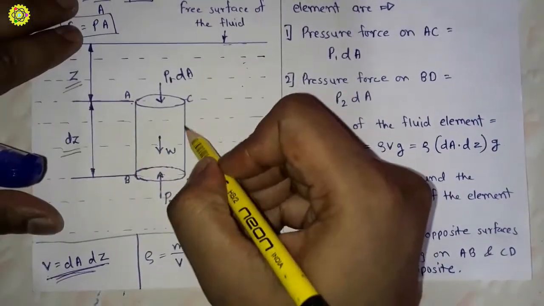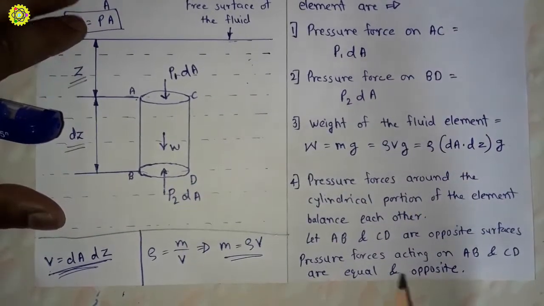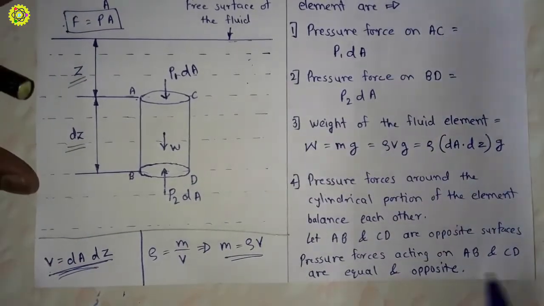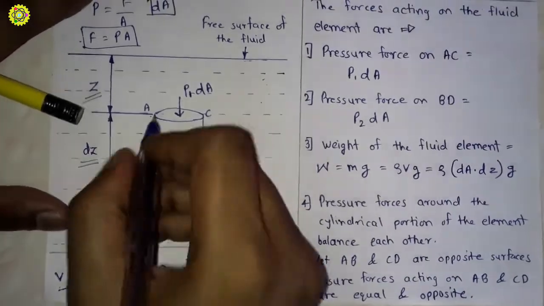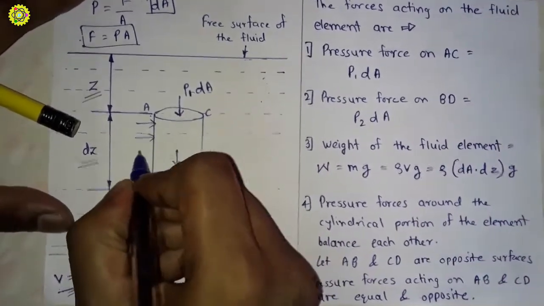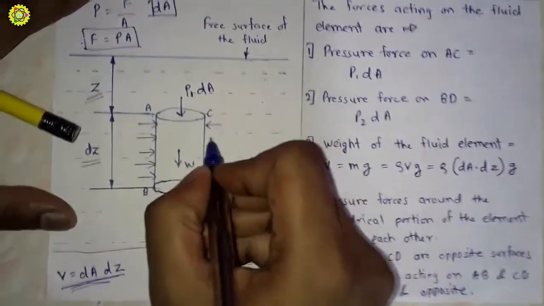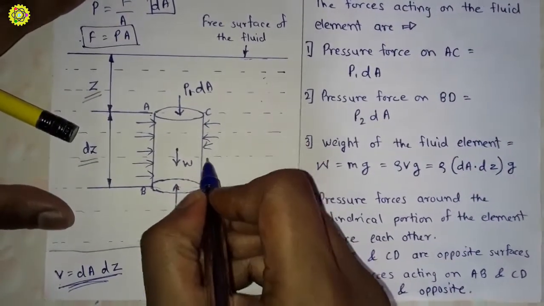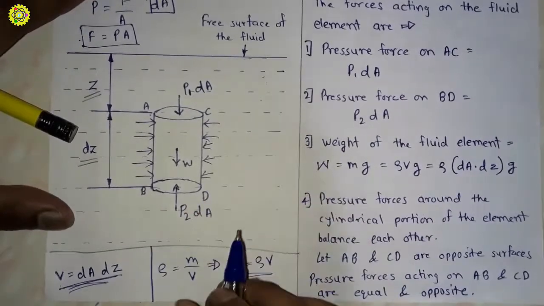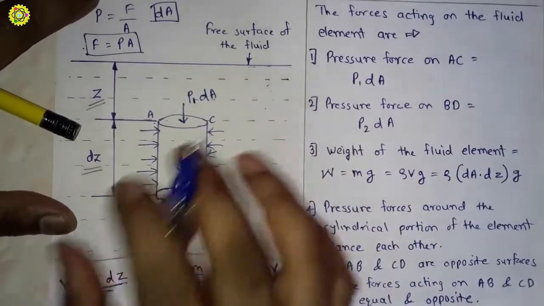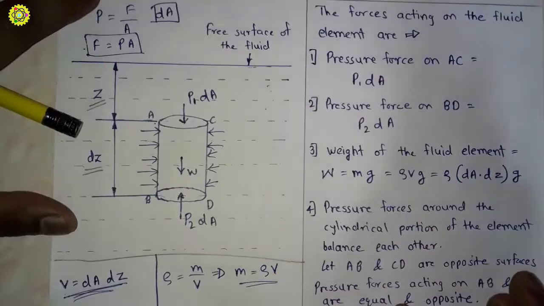The pressure forces acting on AB and CD are equal and opposite. Suppose pressure force acts in this direction on surface AB, and pressure force acts on surface CD in this direction. These forces are equal and opposite, so they balance each other.